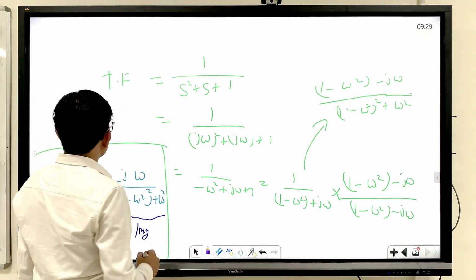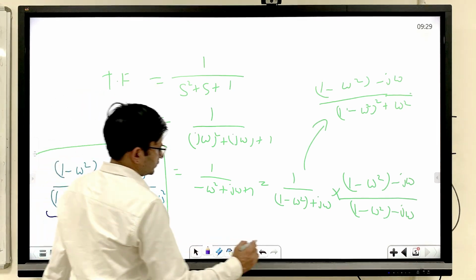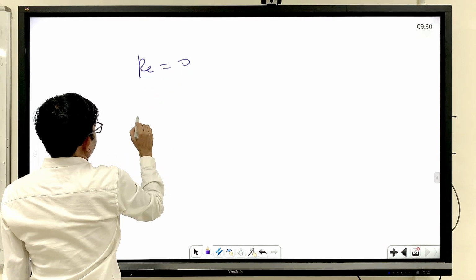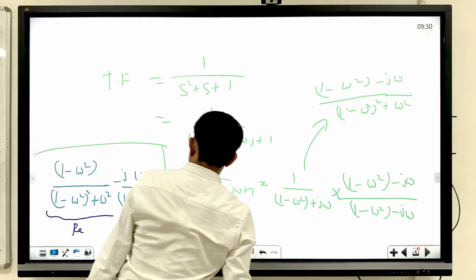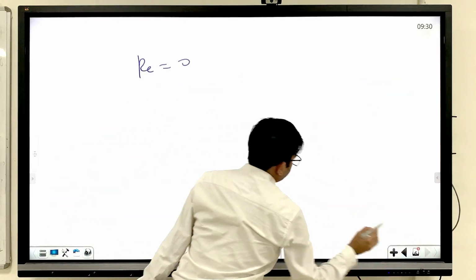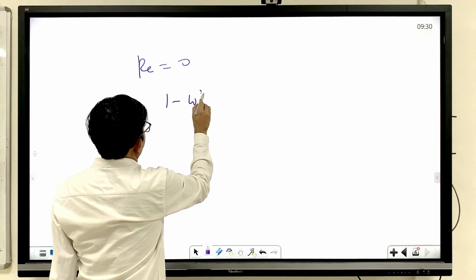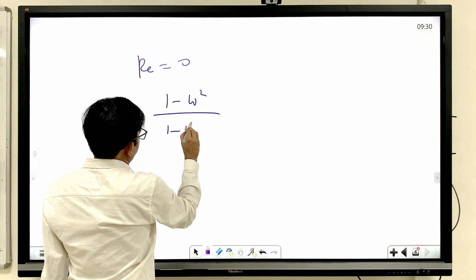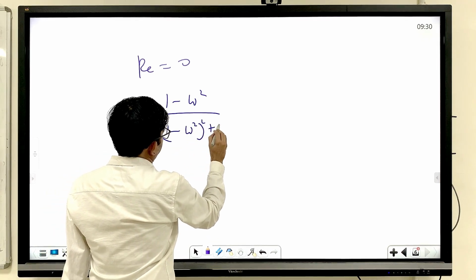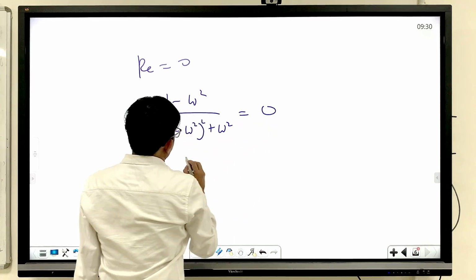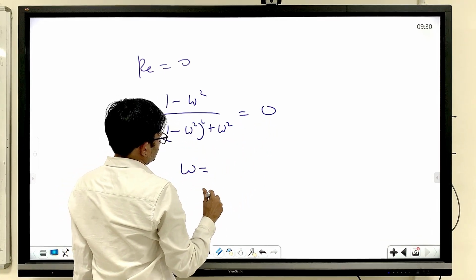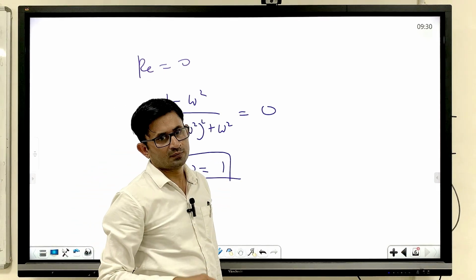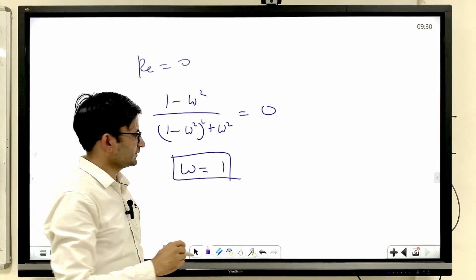Now, if you put real part equal to 0, then the real part is what? The real part is this: 1 minus omega square equal to 0. Then omega equal to what? 1, right? Plus minus 1, right?